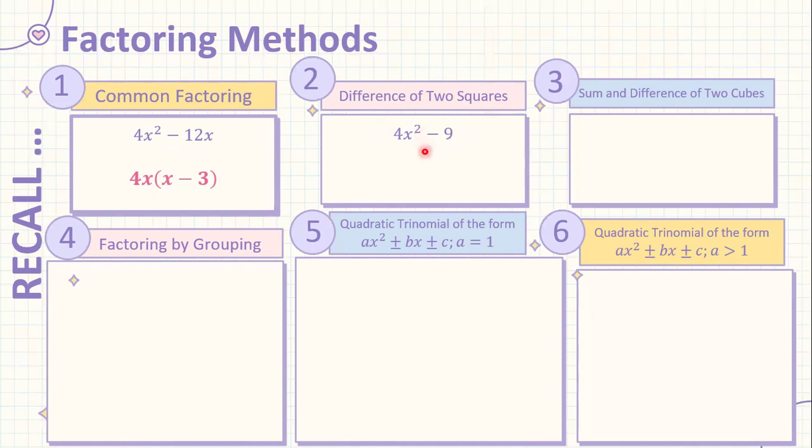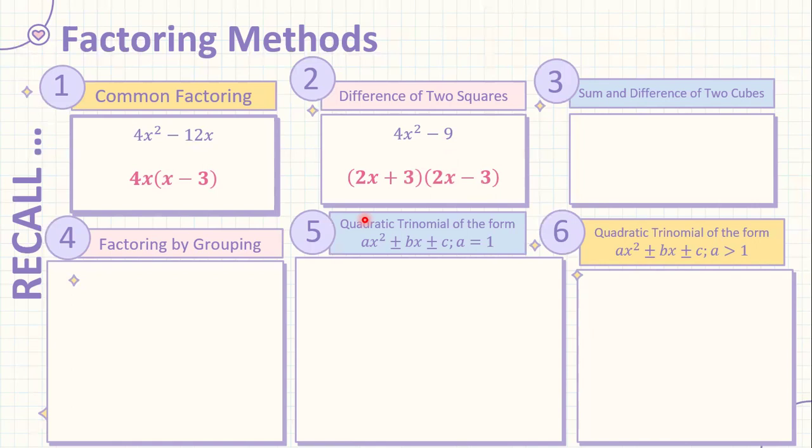To have negative 9, we must have one positive and one negative factor. 9 is 3 times 3, so we have a positive 3 and a negative 3. Having that, we have 2x plus 3 and 2x minus 3.